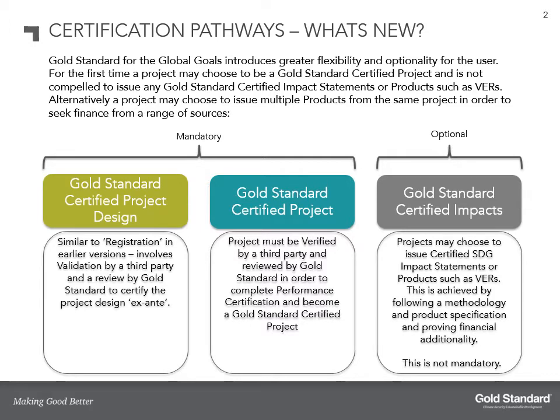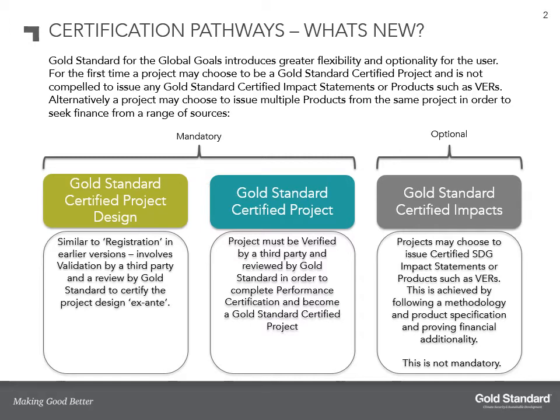The second milestone in the middle is Gold Standard certified project status. This means that the project has progressed to implementation and has been verified by a third party and reviewed by Gold Standard in order to achieve this status. This is mandatory. Projects will not be allowed to remain at Gold Standard certified project design status, but rather must move on to Gold Standard certified project status through verification and certification.